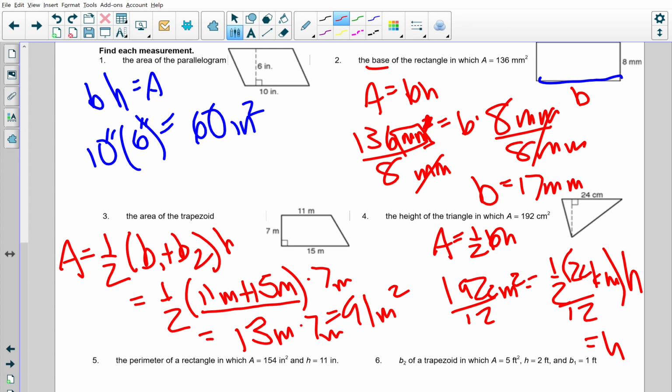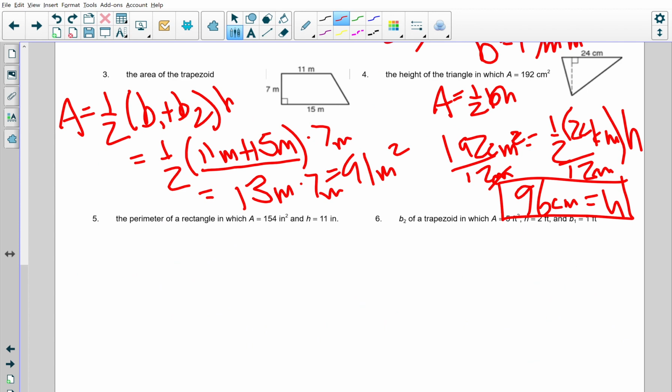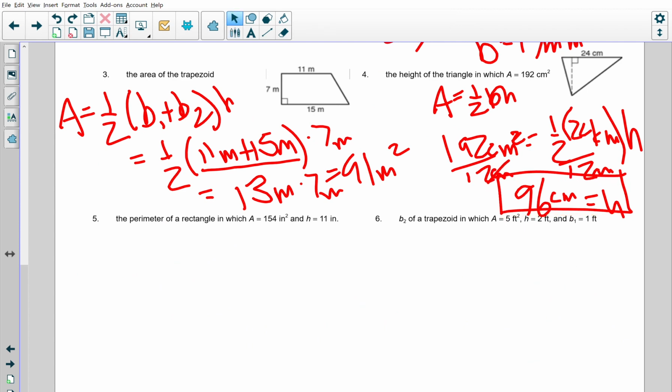So 4 away from 100 has to be 96. And we're dividing by centimeters, leaving us with centimeters. It's really important to have your units dialed in because it tells you whether or not you have the right answer. Like if your answer isn't in centimeters, it's in centimeters squared, you made a mistake.